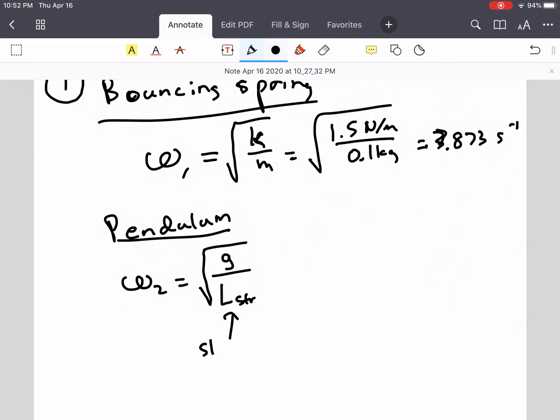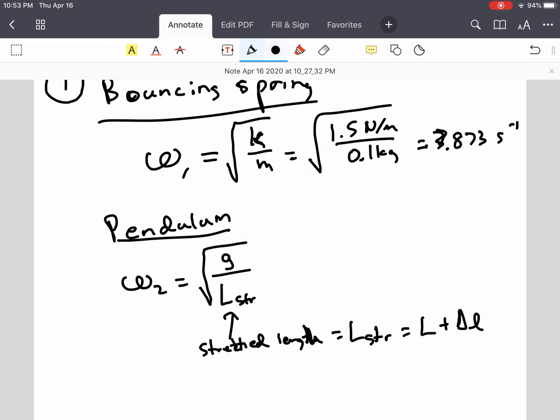This is the stretched length of that spring, which is just the unstretched length labeled capital L plus this additional stretching labeled little delta L.